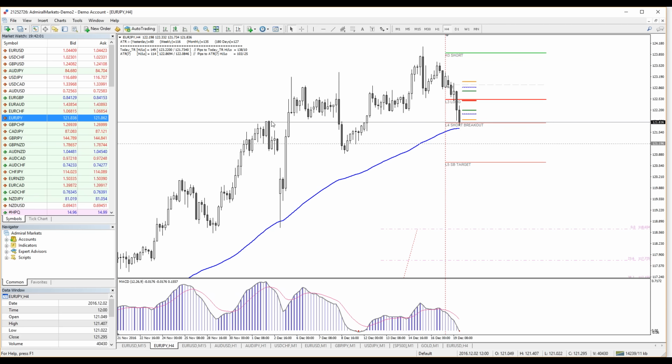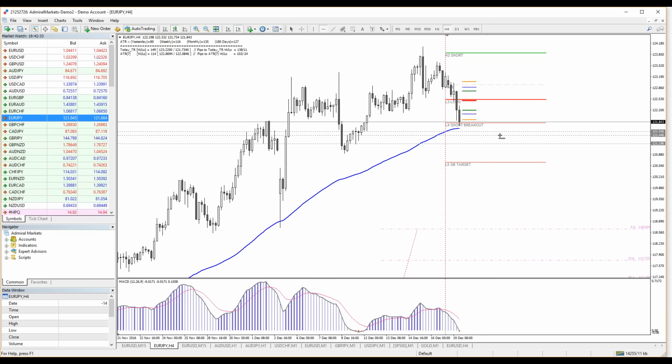See, buyers here. See these wicks. Now we do not have a very clear level for this potential setup. But should we see a drop towards 121.45, 40 to 30, I expect some reaction, so we could see some selling.